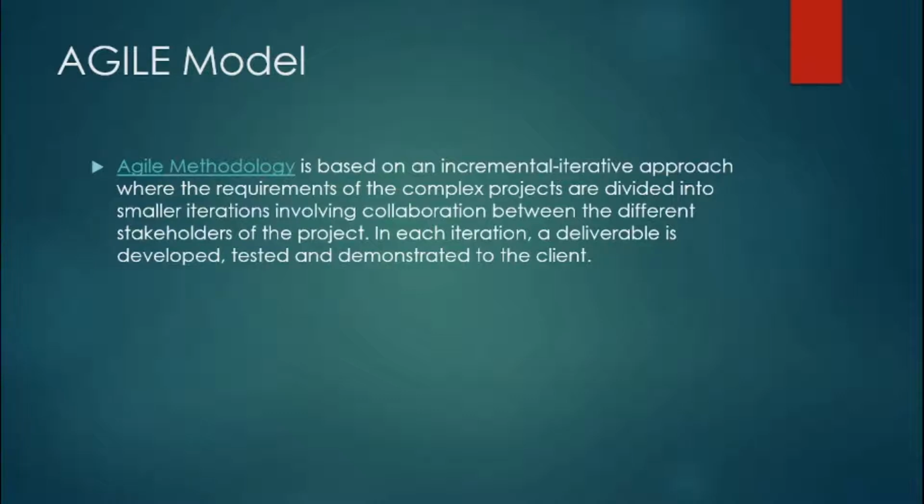In each iteration there is a showcase scheduled where whatever functionality they have developed till now in that particular sprint is showcased and feedback is collected from the client. If it is fine, then they will go ahead with that. If some slight modification is required, they will go ahead with the modification as well.